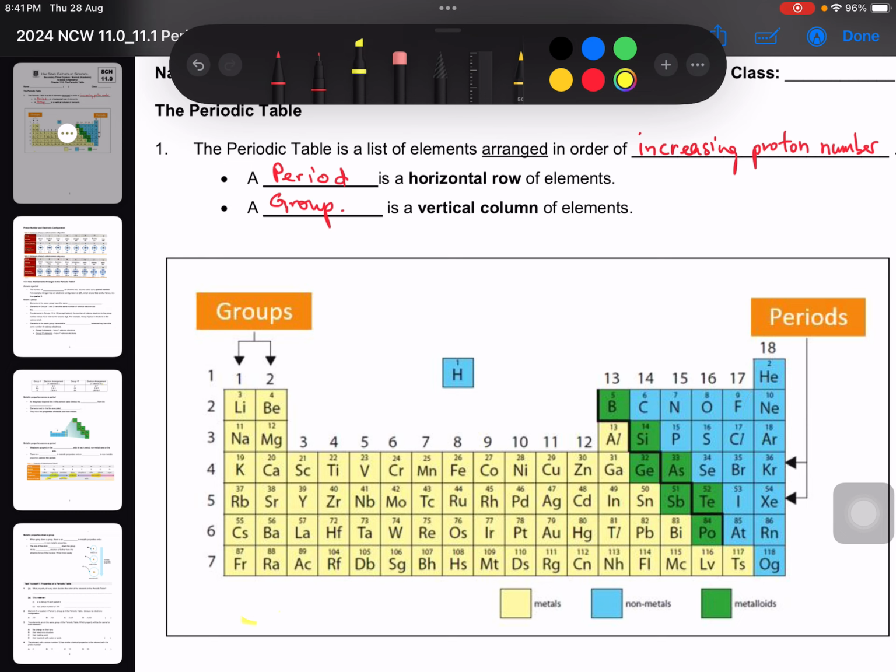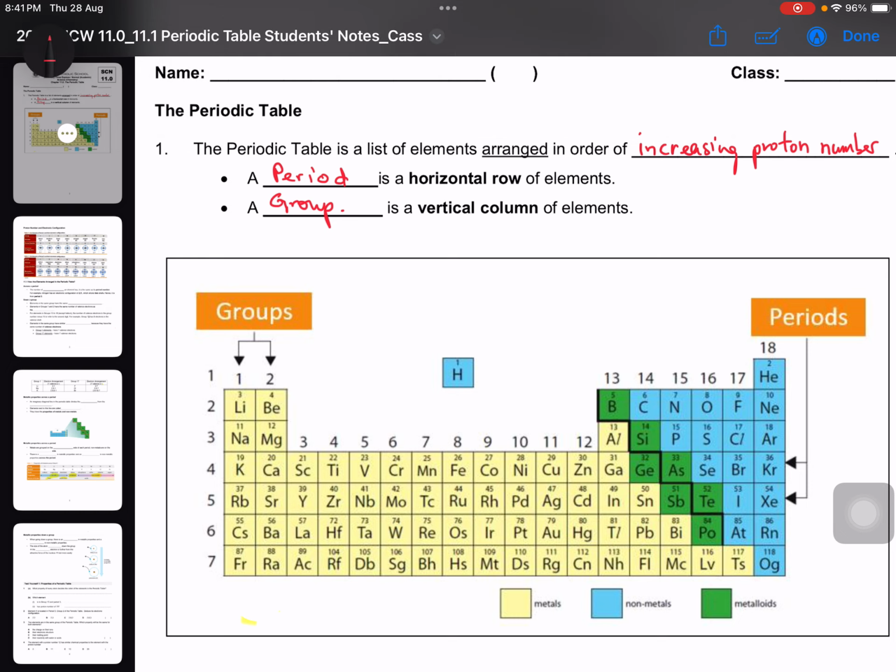Groups are vertical columns. So you have group 1, and what is group 1? It will be these elements. These are group 1. Group 2, all right, and so on. Group 13, group 17. So vertical columns, these are called groups.